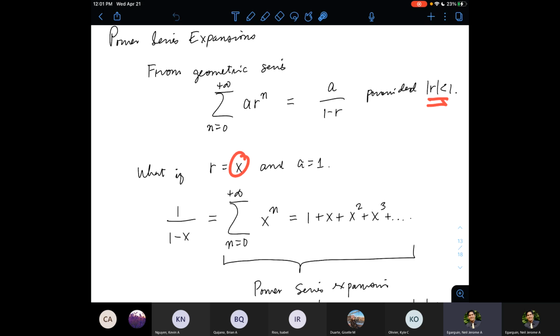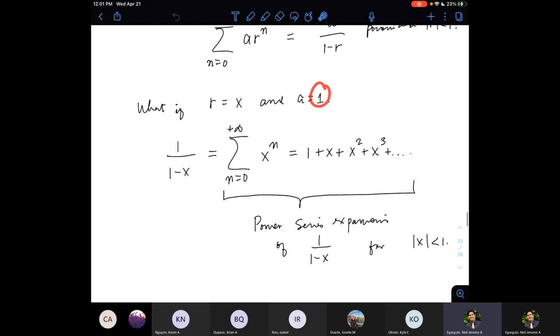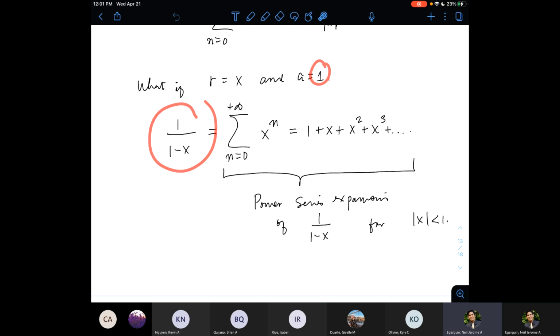So if we simply replace r by x and use a equals 1, then we'll get the series expansion for 1 over 1 minus x and use that in order to get this expansion. All right.